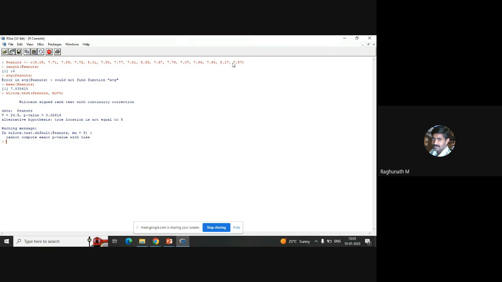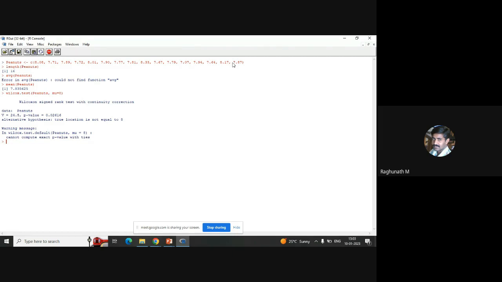What it does is it will take whatever the difference is, irrespective of the magnitude, arrange it, and then only it will take the ranks. Upon subtracting, we are going to have 0.08.